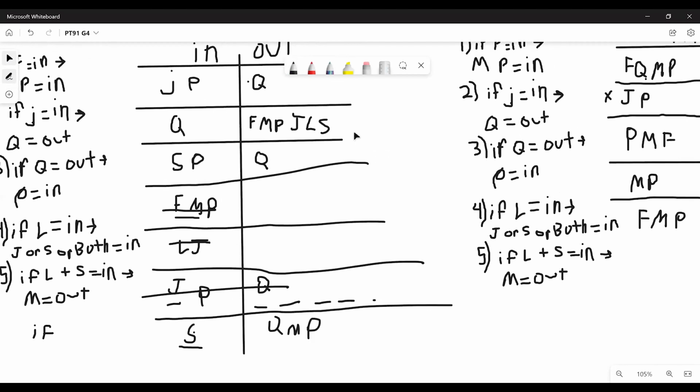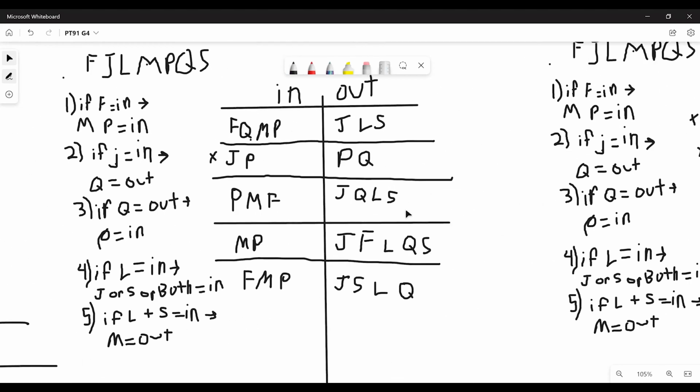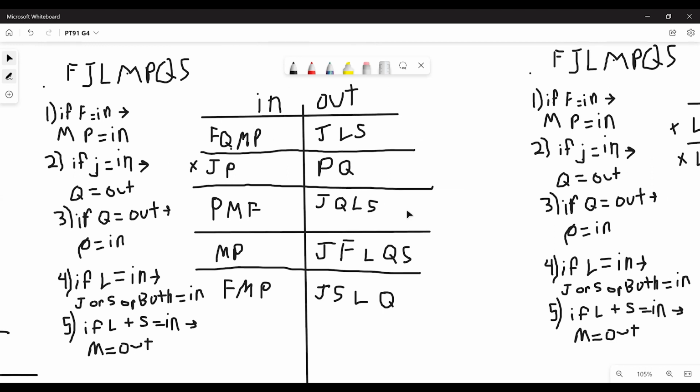Well, I just worked them out. I went through A and it worked. I went through B and I noticed that if J's in, P is out. But in that case, Q is also out because J's in, but rule number 3 says if Q is out, then P should be in.